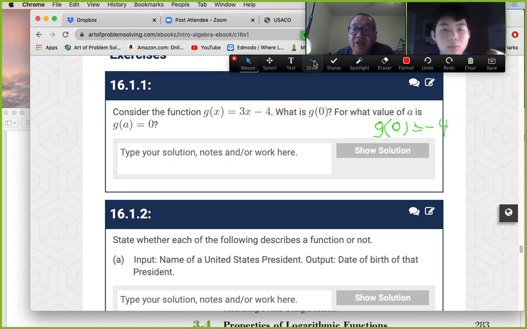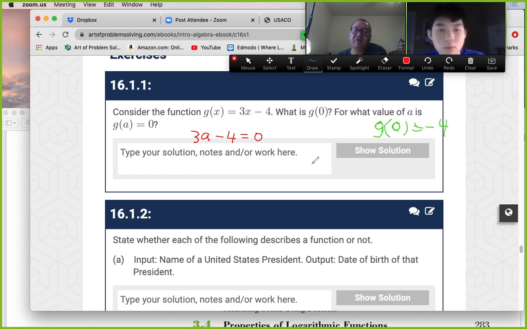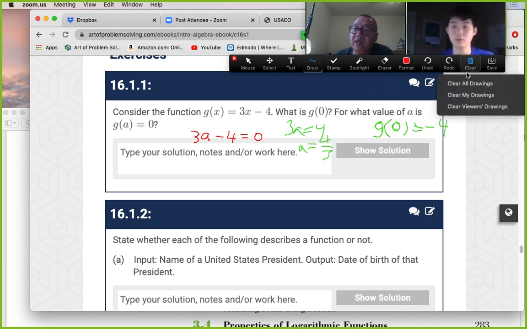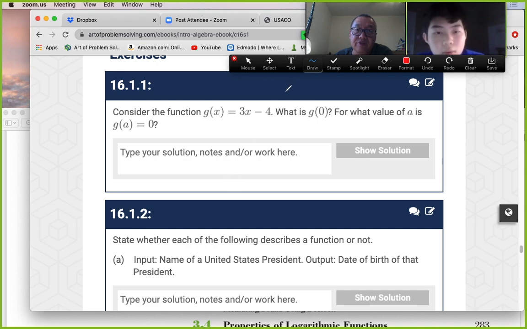So then you can get the equation: 3 times x, that now is a, 3 times a minus 4, and this equals 0. Then you solve this equation, find a. Yes, very good. A equals 4 over 3 makes g of a equals 0.